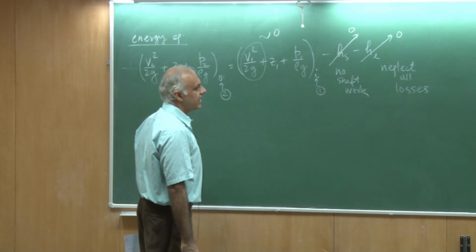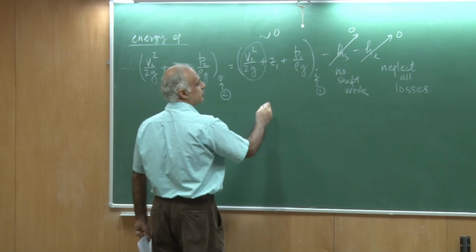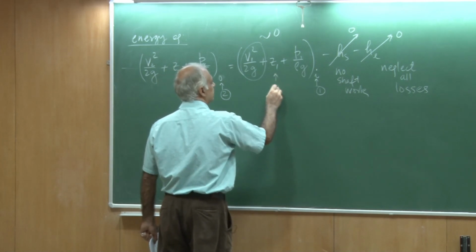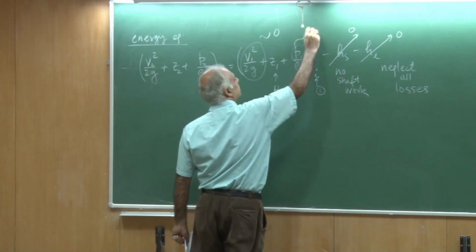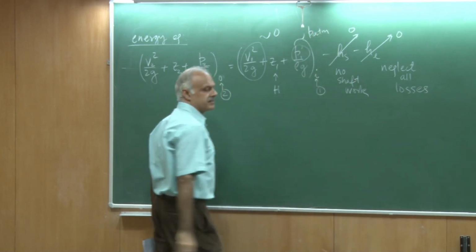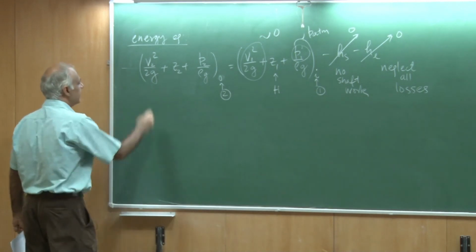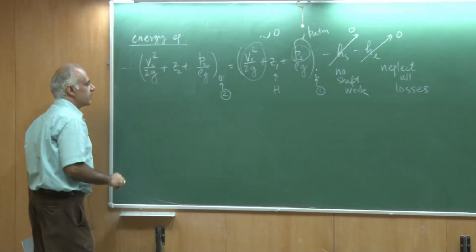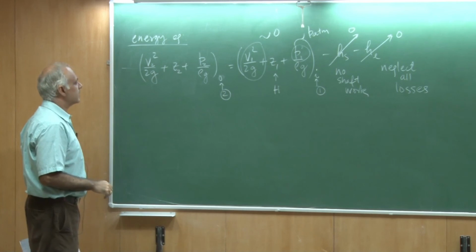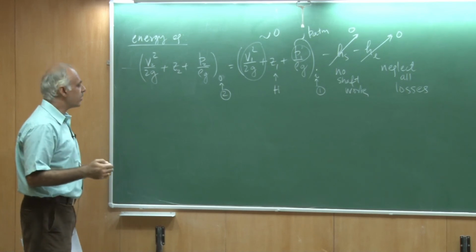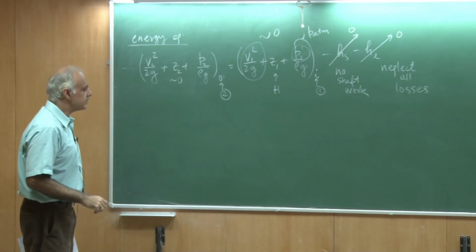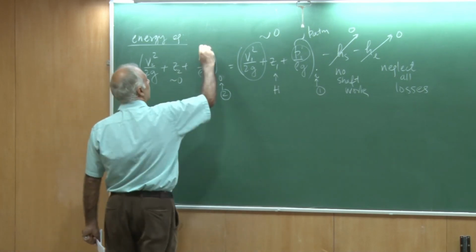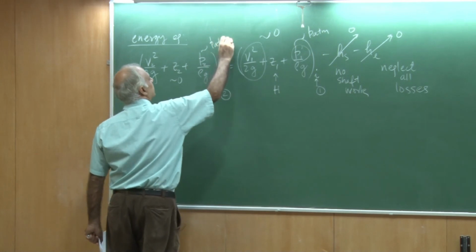Z1 is the height of the surface from the datum, so that is h. And P1 is the atmospheric pressure. Similarly, V2 I already know is the uniform speed across the orifice. Z2 is 0, that is the datum, and P2 I already know is the atmospheric pressure.